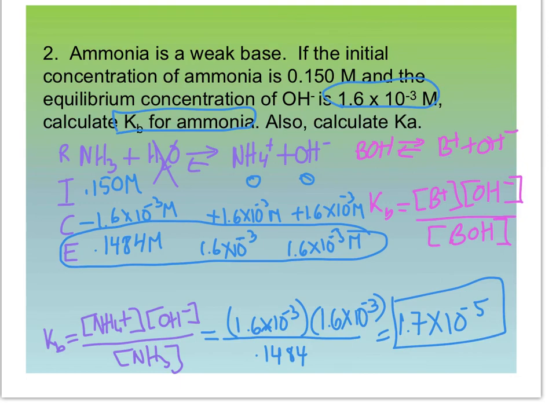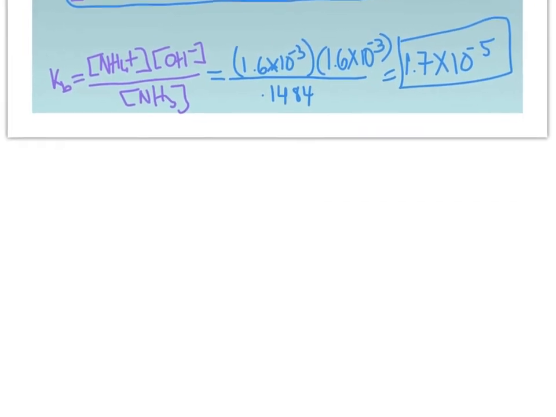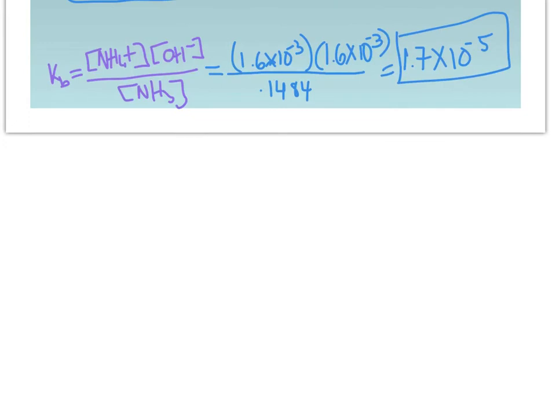You use the equation Ka times Kb is equal to Kw. So let's do that. Write it down here. So Ka times Kb is equal to Kw. This works for an acid and its conjugate or a base and its conjugate. So I'm looking for Ka. I don't know what that is. I do know what my Kb is, 1.7 times 10 to the negative fifth.